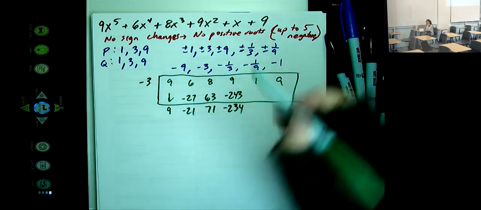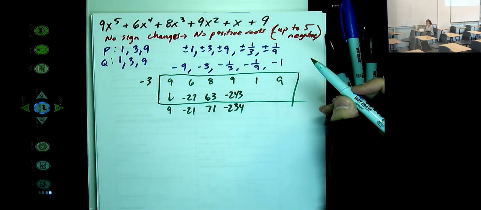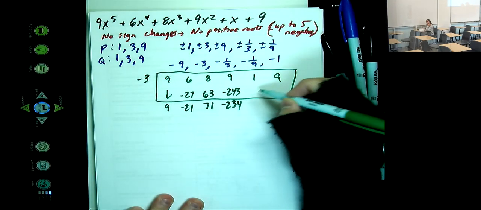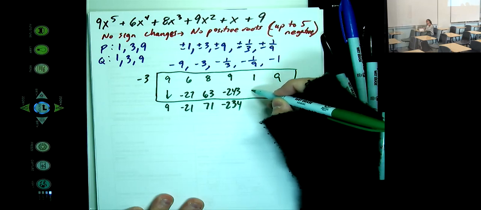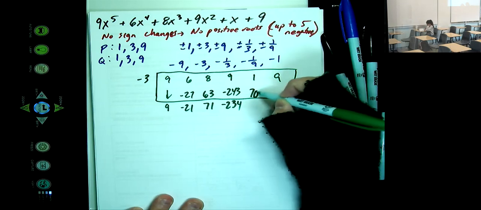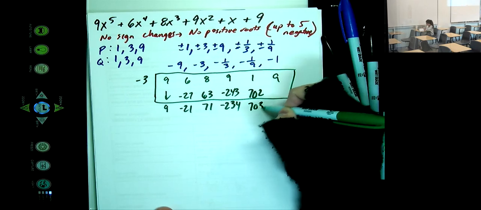-3 didn't work. But it might tell me if -9 is out, so maybe I should keep going. That's like 700. 34 times 3 is 102, so 702. This is 703.